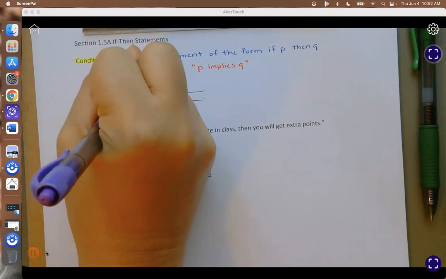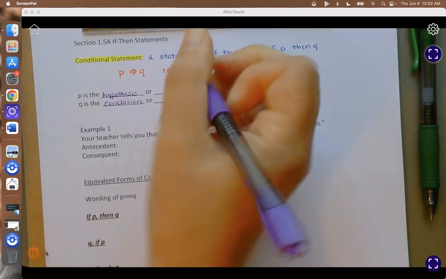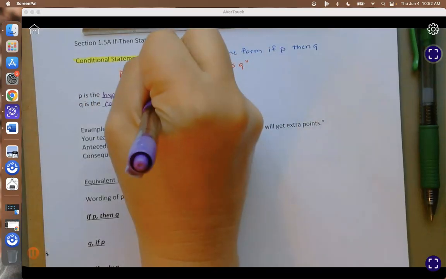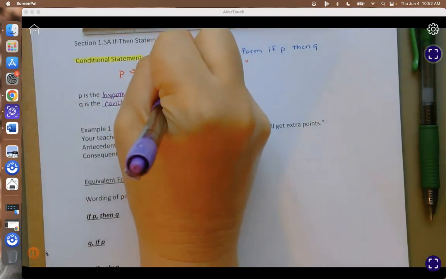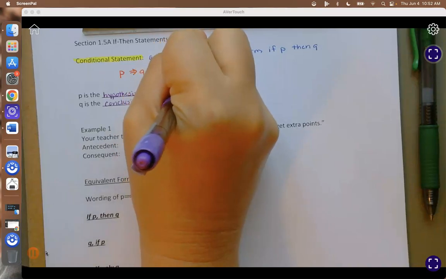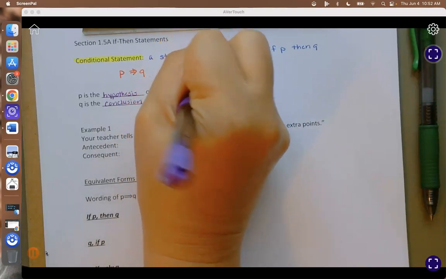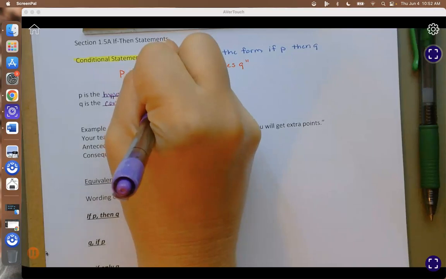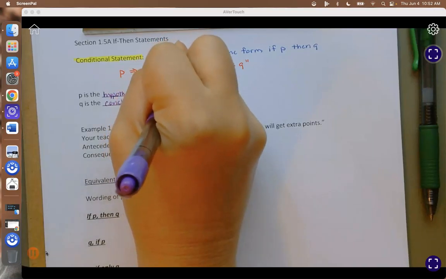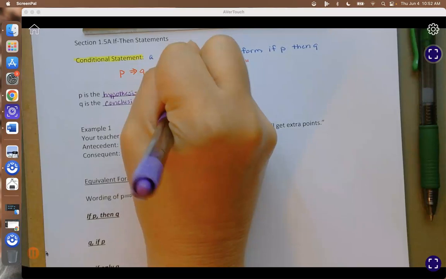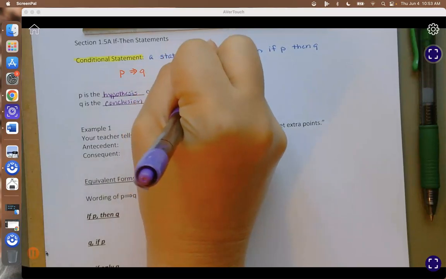Now, depending on the book or who you're talking to, P can also be called the antecedent, and Q can be called the consequent.